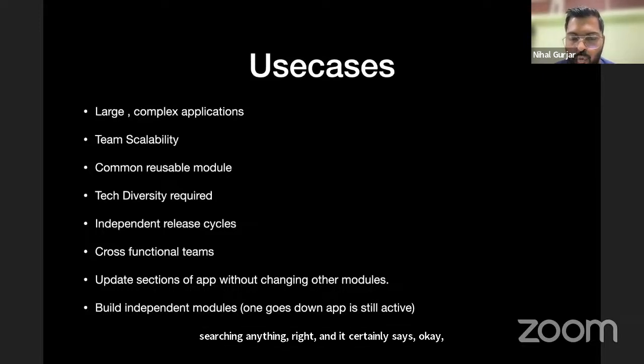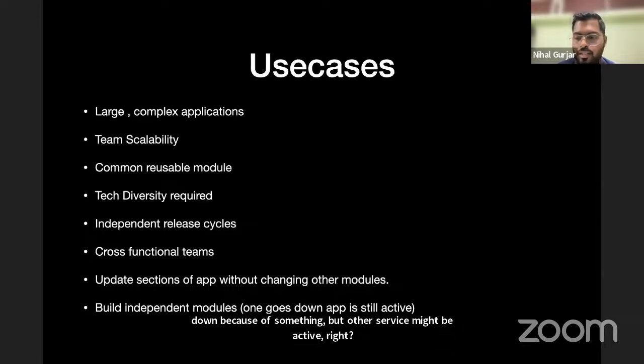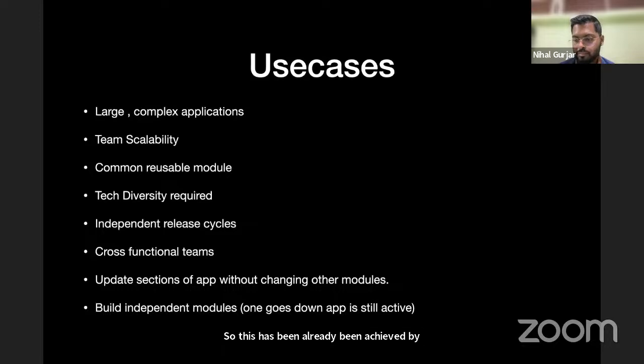But if you go to another URL, let's say category or something, that is working. How does this happen? One service might be down because of something, but another service might be active. This has already been achieved by microservices.